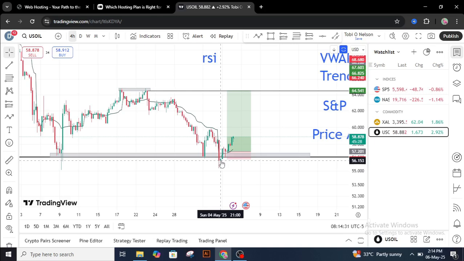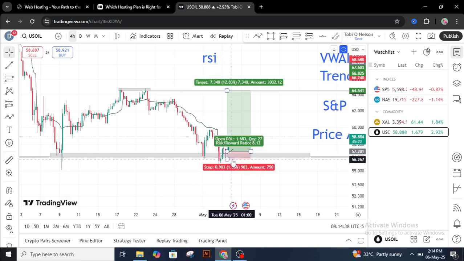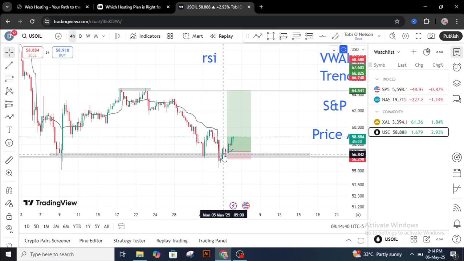So when the price fell, I was looking at the market, and then the price came back and closed back into this particular support, and then also closed back into our VWAP. As you can see, if you click on the candle, look at the date below. If you look at this candle that closed inside, it was on Monday.